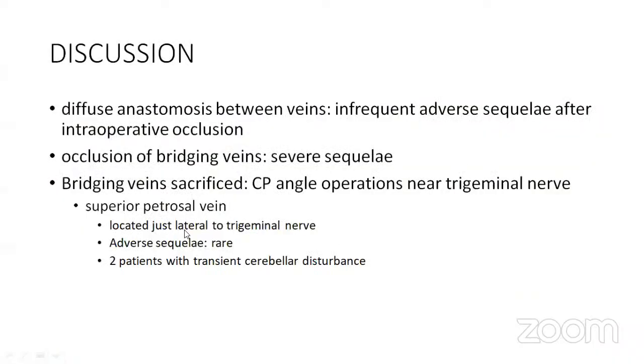Usually we have the superior petrosal vein here, which is located just lateral to the trigeminal nerve. However, adverse sequelae are rare. However, the author has seen 2 patients with transient cerebellar disturbance due to cerebellar infarct due to occlusion of these veins.